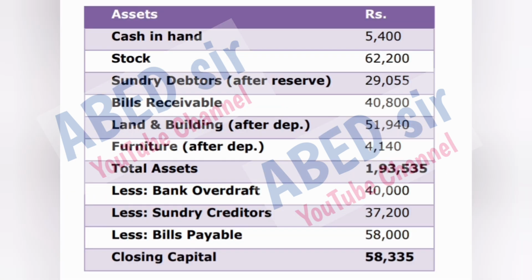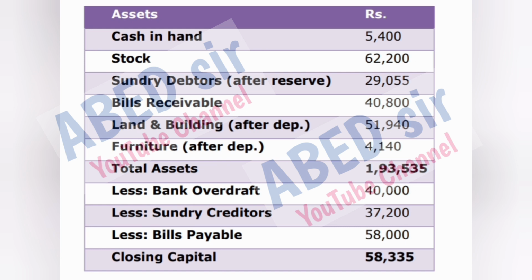Assets, rupees. Cash in hand 5,400. Stock 62,200. Sundry debtors, after reserve, 29,055. Bills receivable 40,800. Land and building, after depreciation, 51,940. Furniture, after depreciation, 4,140.